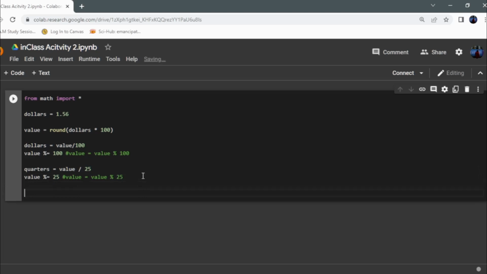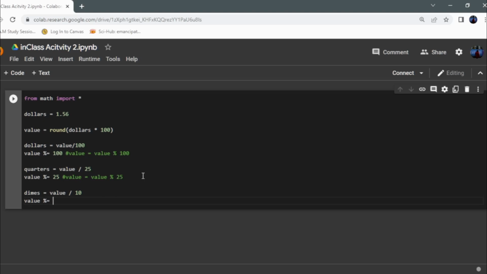Next is the dimes. Is equals to value divided by 10 for dimes, and then the value modulo equal 10.